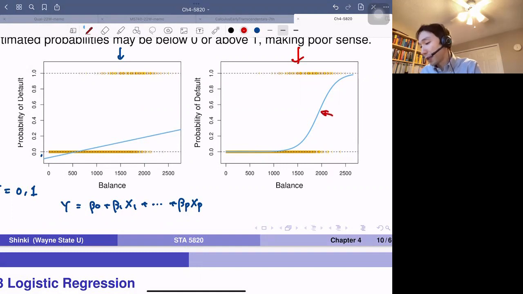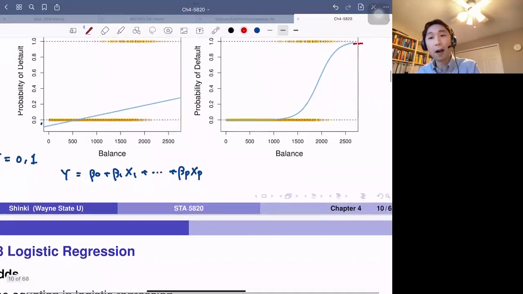If the balance is low, the probability is very close to 0, but it does not go below 0, so it is always some positive value. And as the balance gets higher, the probability approaches 1, but it never exceeds 1. So we want to fit this kind of curve.